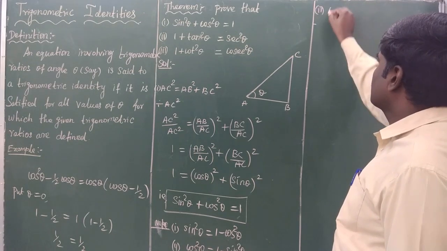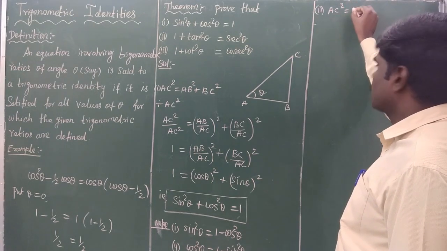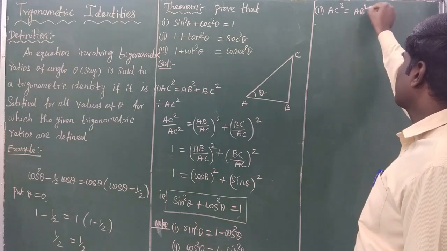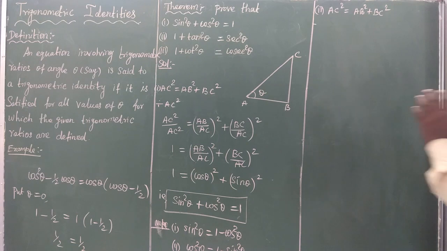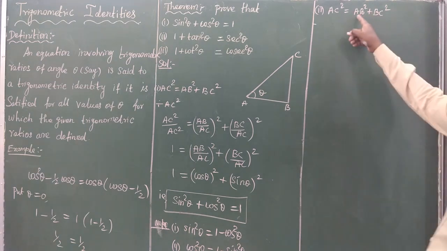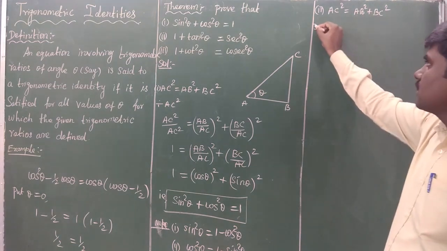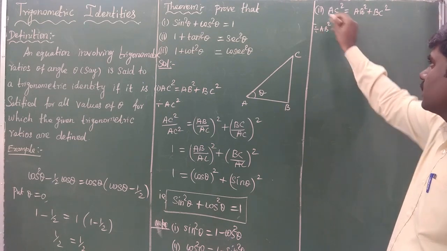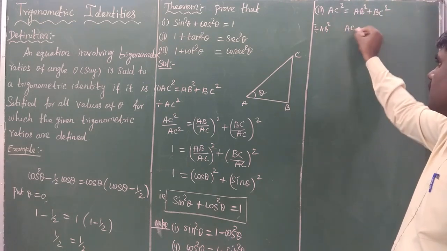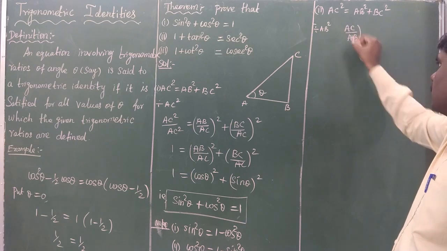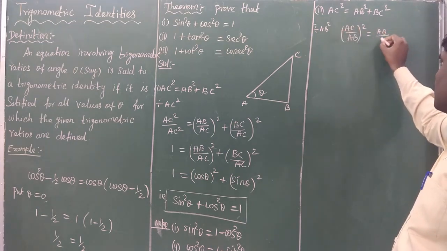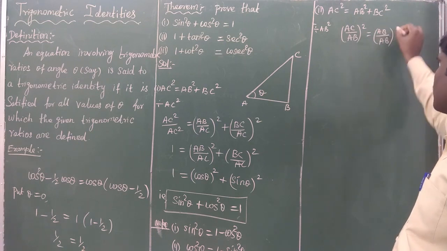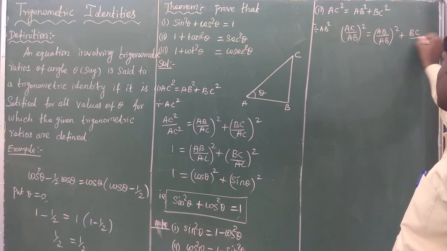Next, the second one, proof using the Pythagoras theorem. AC square is equal to AB square plus BC square. Divide the entire equation by AB square. Then AC by AB the whole square is equal to AB by AB the whole square plus BC by AB the whole square.